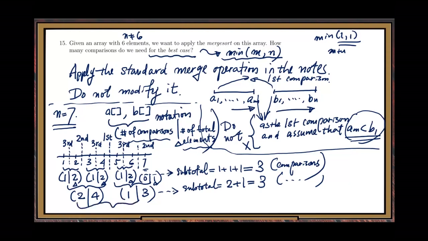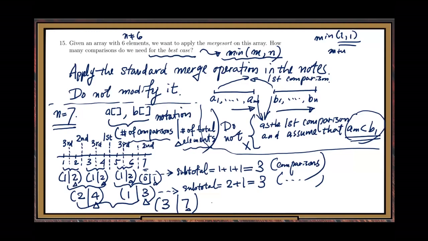Then the final round. Merge these 2. Then our last parenthesis. Minimum of 4 and 3. So 3 here. Sum of 4 and 3, 7. That's the size of the whole array.